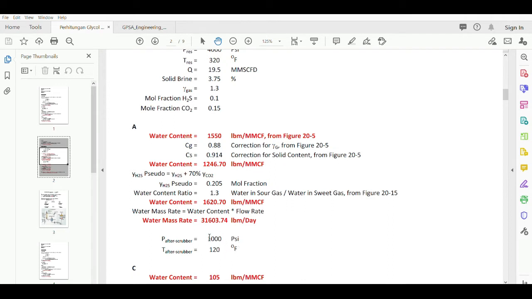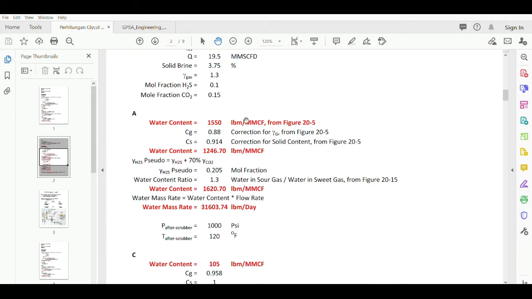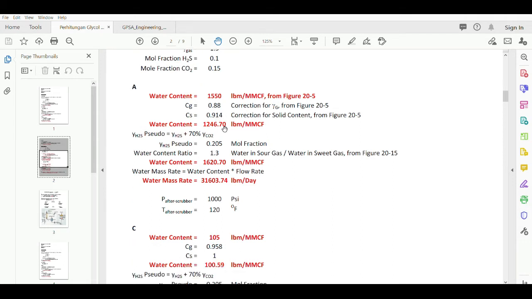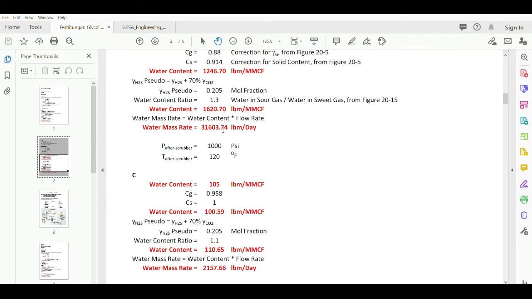From 4000 it becomes 1000, from 320 it becomes 120. And again we do the same thing for this one, the water content with the CG of 0.958. Okay, and then CS is 1, because why?